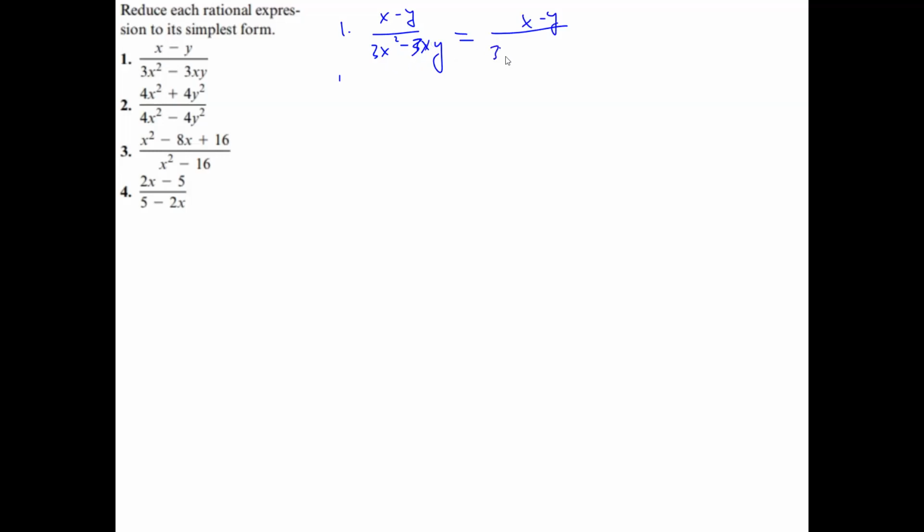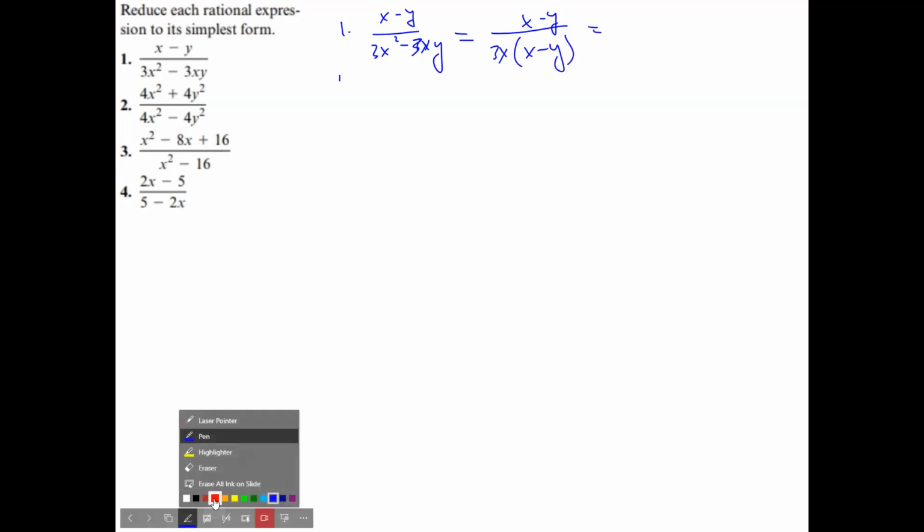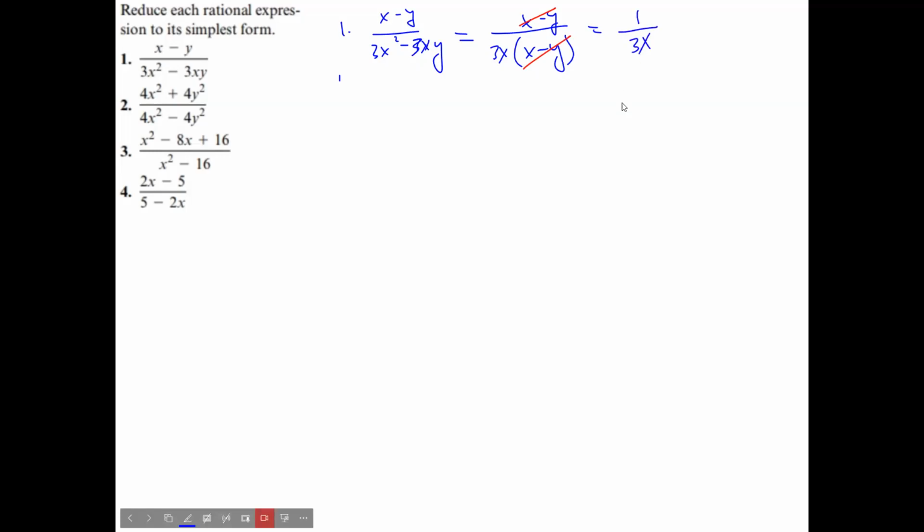Here I can take 3x outside, right? So as a result of that manipulation, I have this. Okay, sometimes this.